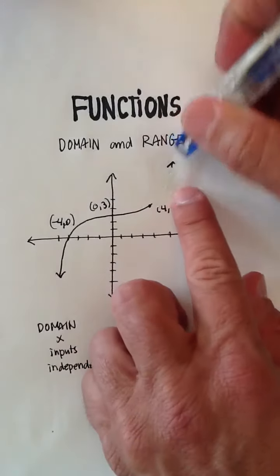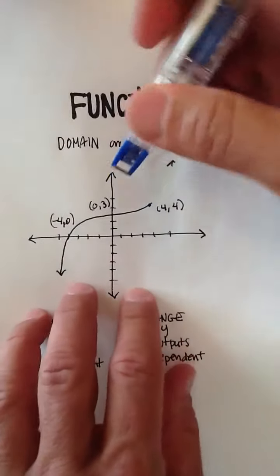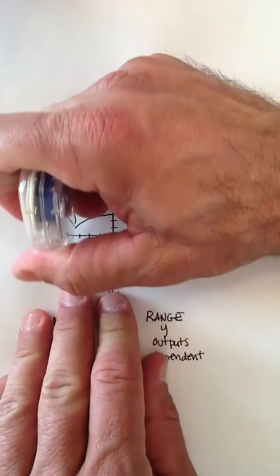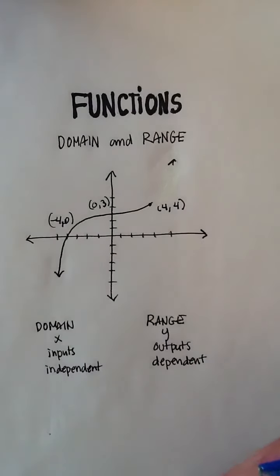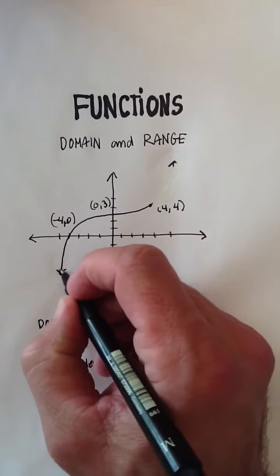Actually, it doesn't work too badly. Let's see if I can get that to cover up. It doesn't want to. And let's cover it up down to here. It's not covered because I think I'm out. Okay, well that's why. All right, so let's say that it stops right there.